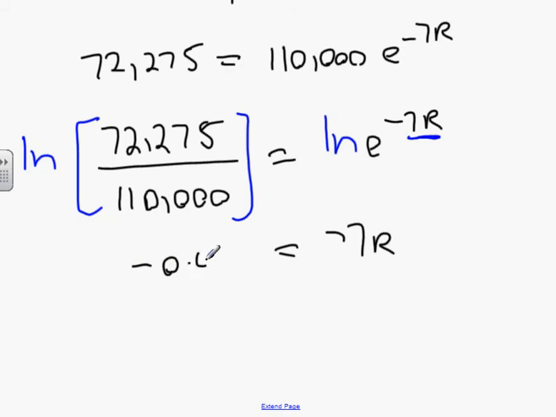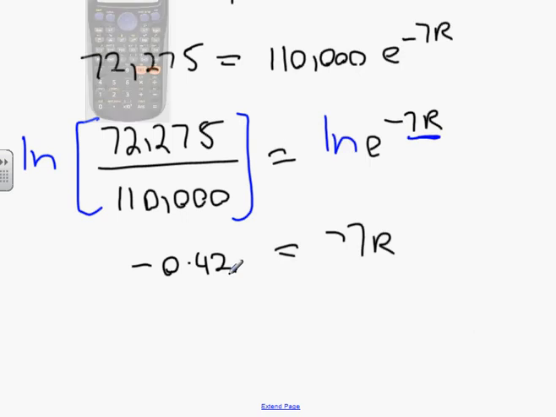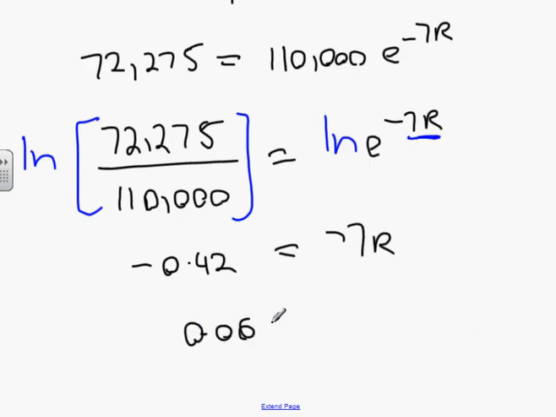Divide that by minus 7. Just keep it going in your calculator so you don't introduce any negative numbers. And we get 0.06 equals r. R was 6%. I think most of you did okay there. Okay? So I was going for 10 marks. Moving on.